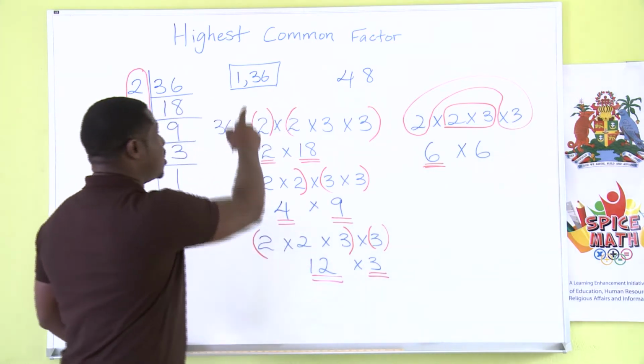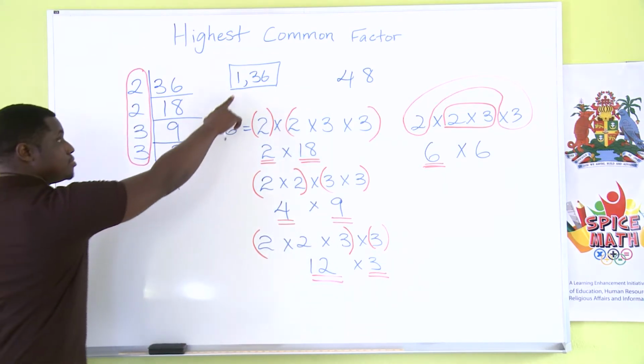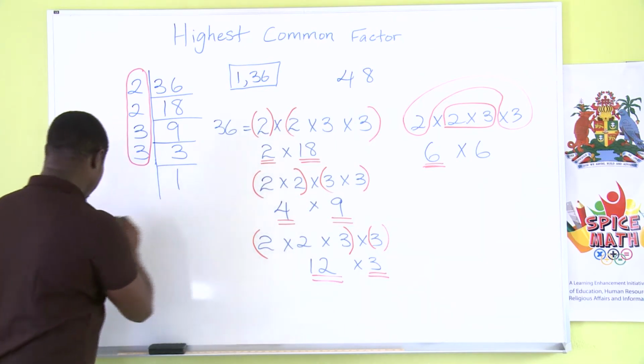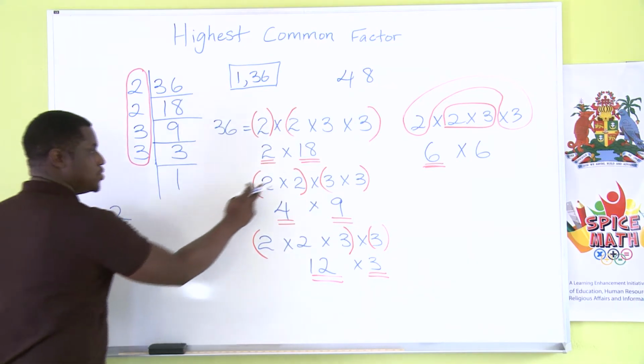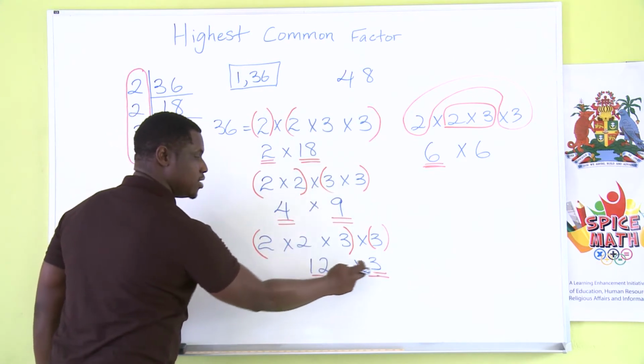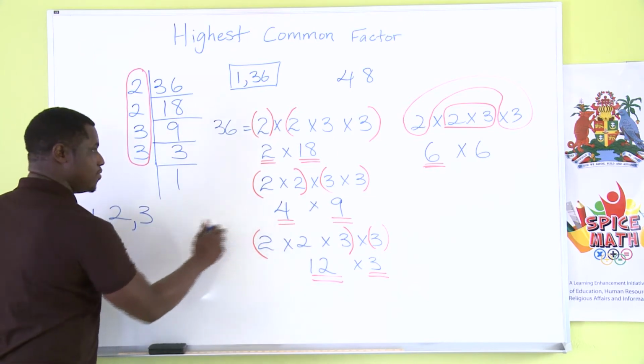So my factors of 36 would be 1. What's the next number? We're going in order. 2. What do you see again? I see 1, 18, 4, 9, 12. I can go now to 3. Then 4.